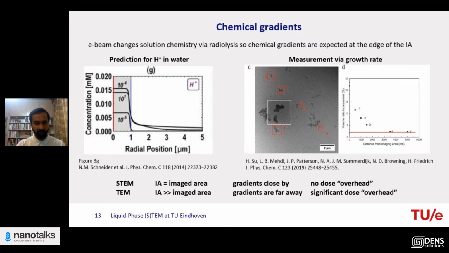You need to consider that the illumination area in STEM is equal to the imaged area, while in TEM it is more than the imaged area. Quantification of the effect is quite important to realize what is happening in your background system, and you always need to calculate the precipitate that sits on your window.